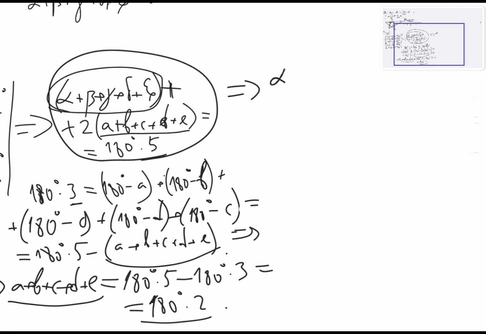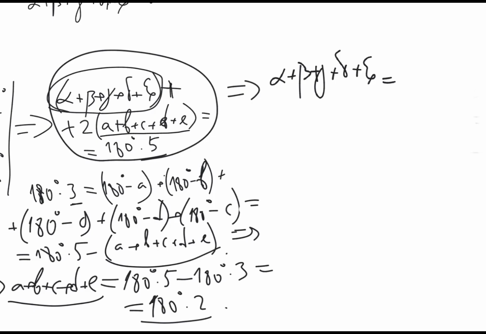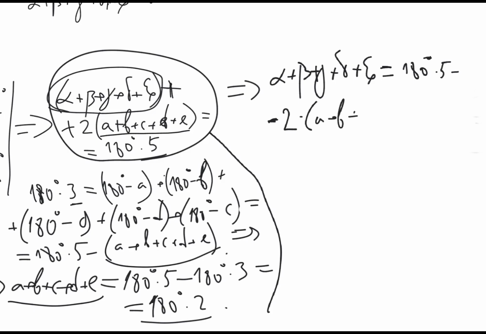We have alpha plus beta plus gamma plus delta plus epsilon is equal to 180 degrees multiplied by 5 minus 2 multiplied by A plus B plus C plus D plus E.